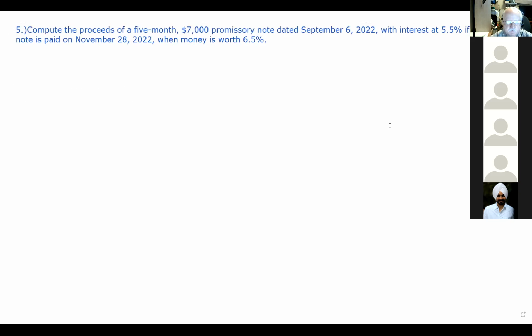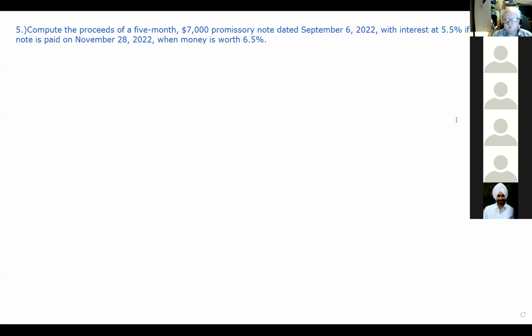So the same type of question. It says compute the proceeds of a 5-month, $7,000 promissory note dated September 6th, 2022 with interest at 5.5% if the note is paid on November 28th, 2022, when money is worth 6.5%. So we have to imagine the same sort of scenario.